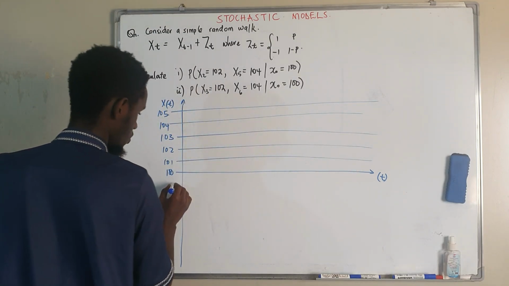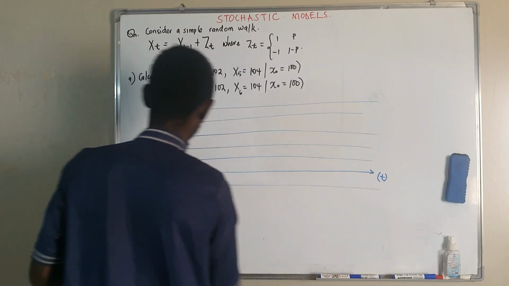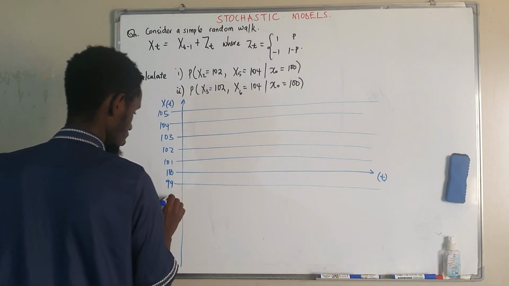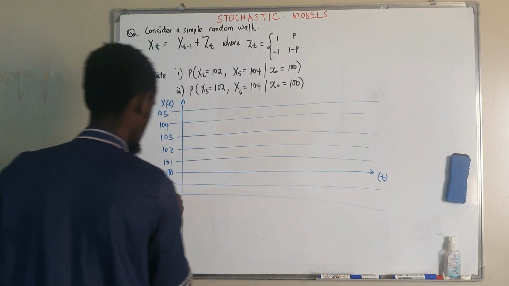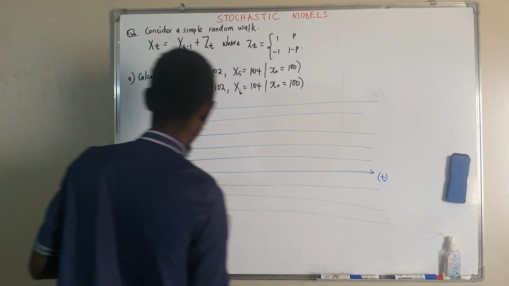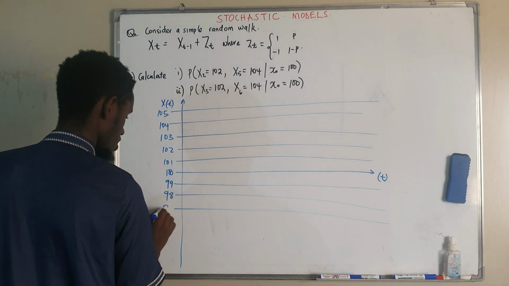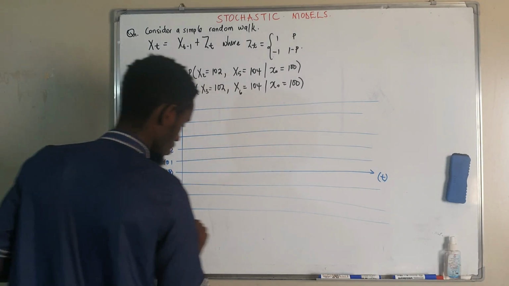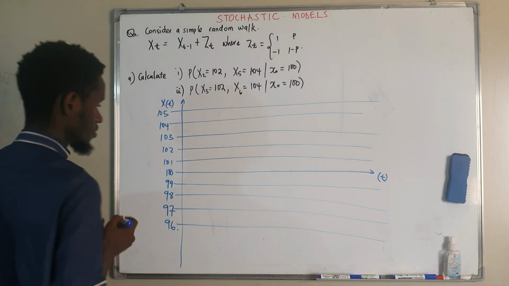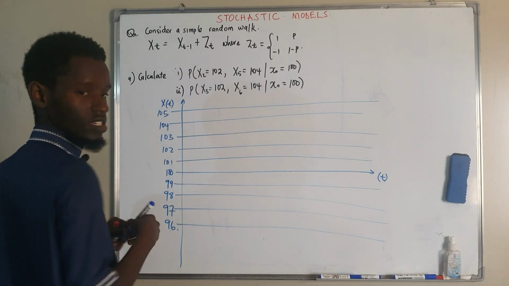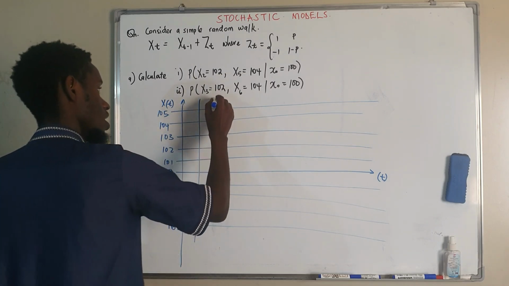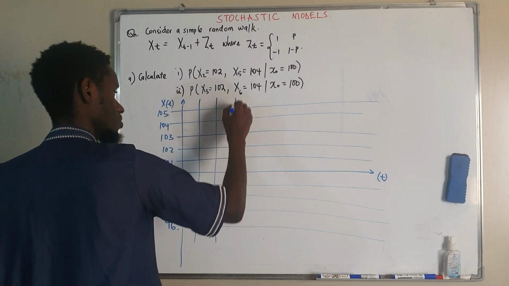And then I go down: I will have 99, I will have 98, I will have 97. Then let me stop at 96. Those are my values of Xt. And now here I want to get my values of t, time.